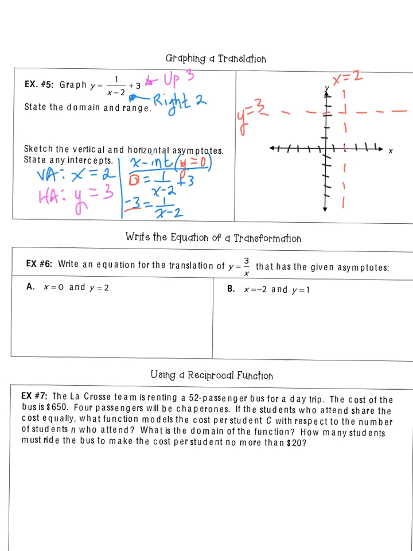The easiest way to get x out of that denominator is to create a proportion and cross multiply. So if I cross multiply, I'm going to get negative 3 times x minus 2 is equal to 1. Distribute your negative 3, so I get negative 3x plus 6 equals 1. Subtract your 6, negative 3x is equal to negative 5. And then divide by negative 3, you get x is equal to 5/3.